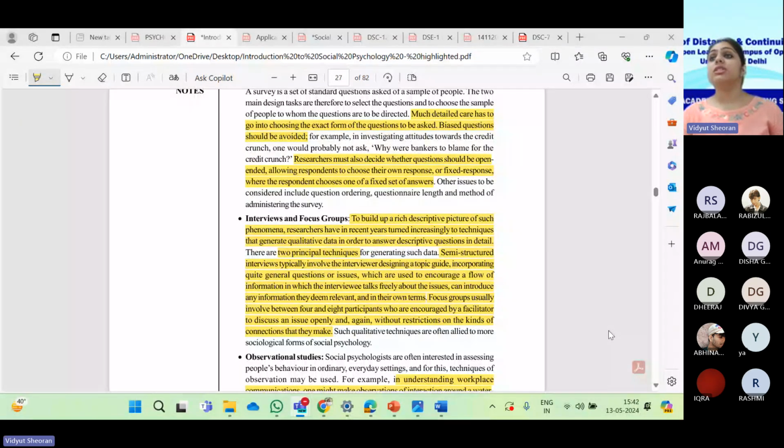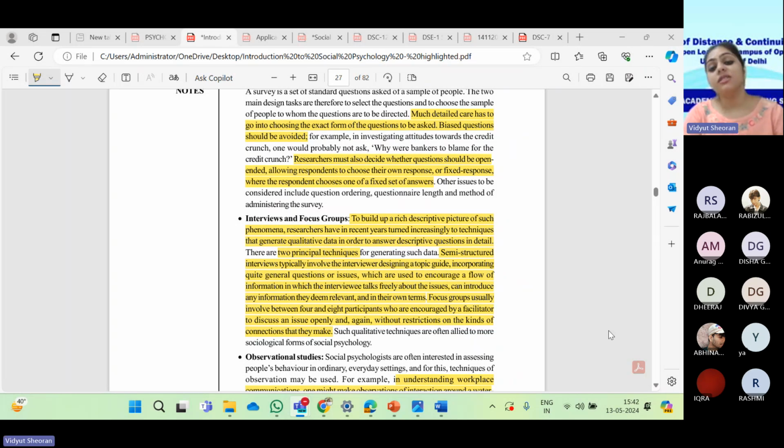The list of questions which are prepared beforehand. They are prepared beforehand, but there could be a scope of molding them as per the situation, such as by probing and prompting, by asking some more questions within the theme of the questions. That is a part of semi-structured interview.